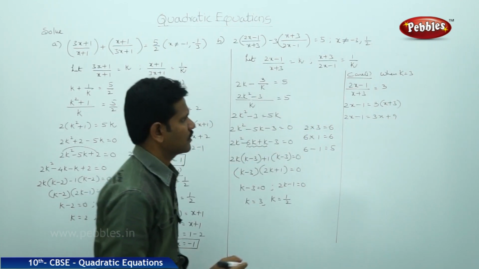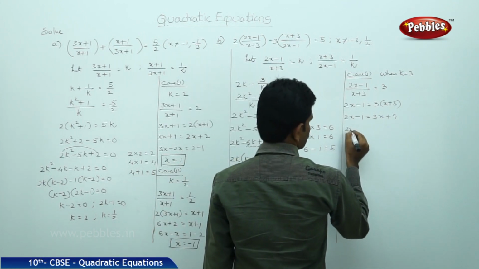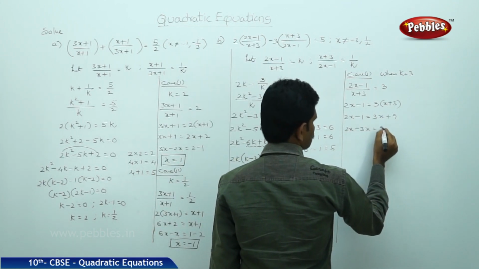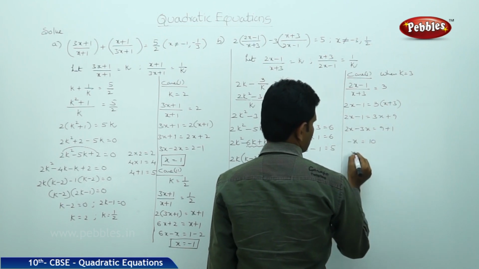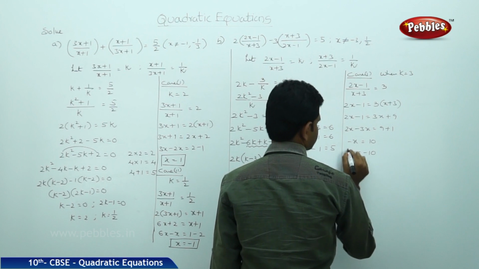Now grouping, 2x - 3x = 9 + 1, so -x = 10, x = -10.